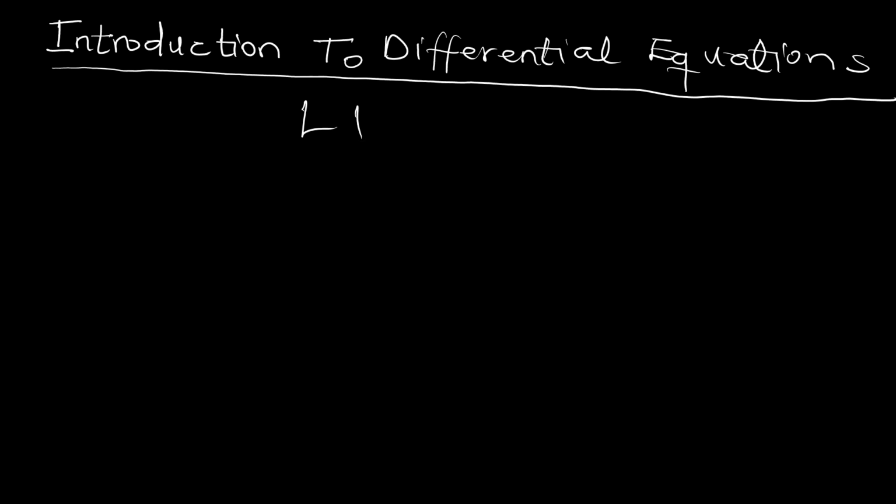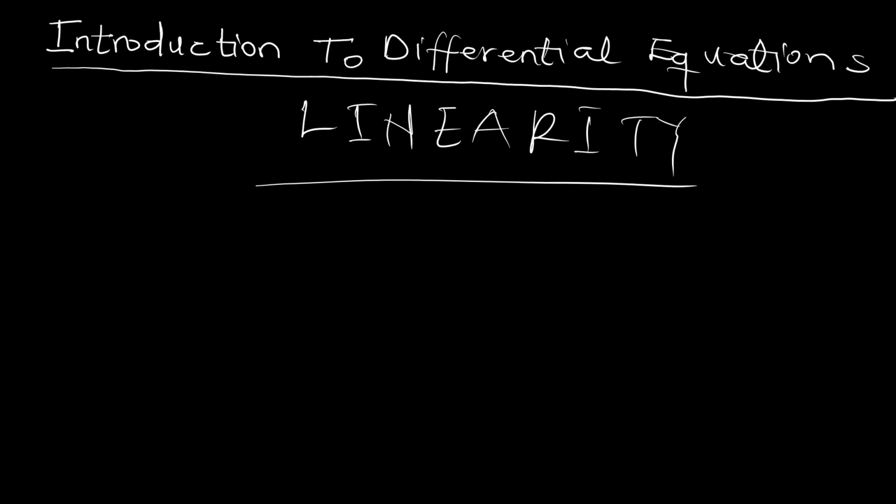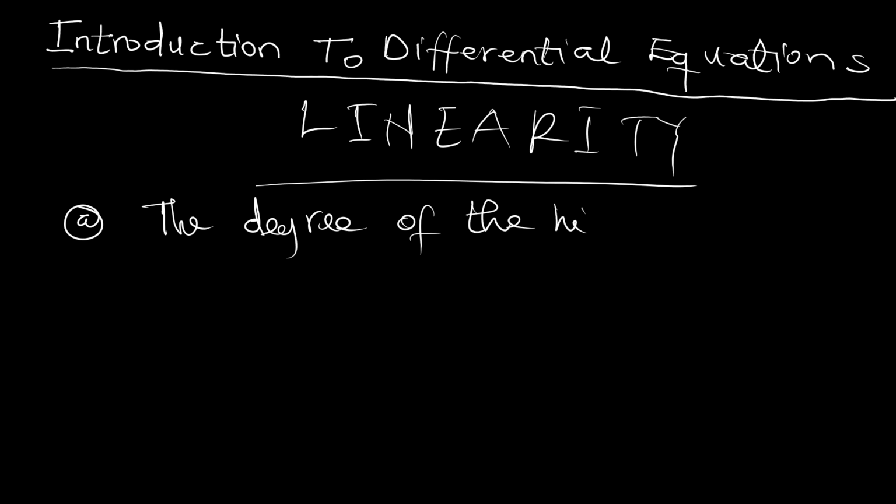That's the linearity. When do we say a differential equation is linear? So, linearity of a differential equation. Now, a differential equation is said to be linear if and only if these are the conditions. One, the degree of the highest derivative must be 1. It's a must.